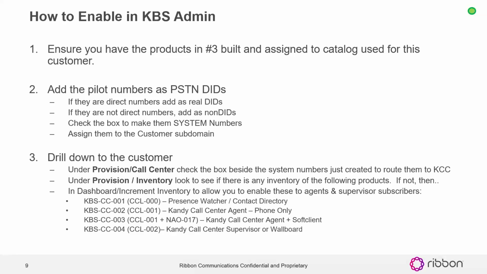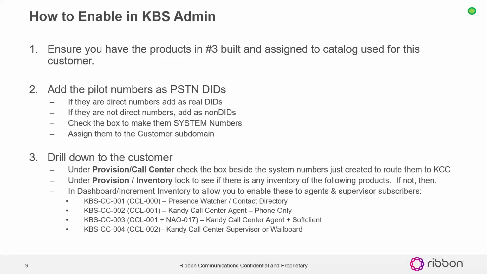So the first thing to make sure is that KCC is a license controlled service. So you have to make sure that inside your catalog, you do have access to the correct licenses. If they're not available, contact your sales representative and they will put them in your catalog for you so you can proceed with the rest of the steps.